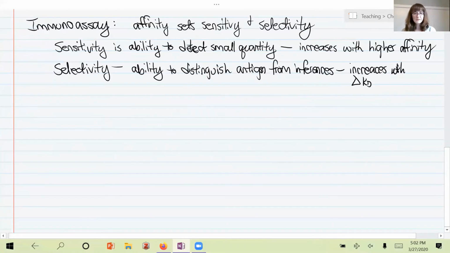So the last piece of this that I wanted to get to in this lesson is what controls the binding affinity. Why does a particular antibody have a particular KD for its antigen, and why might it vary for a different antigen? All right, and so we could look at this in one of two ways.